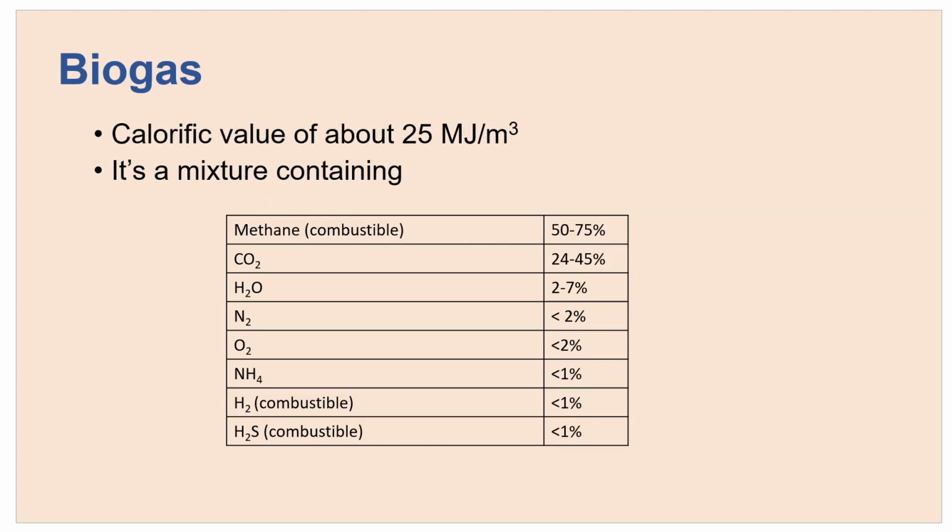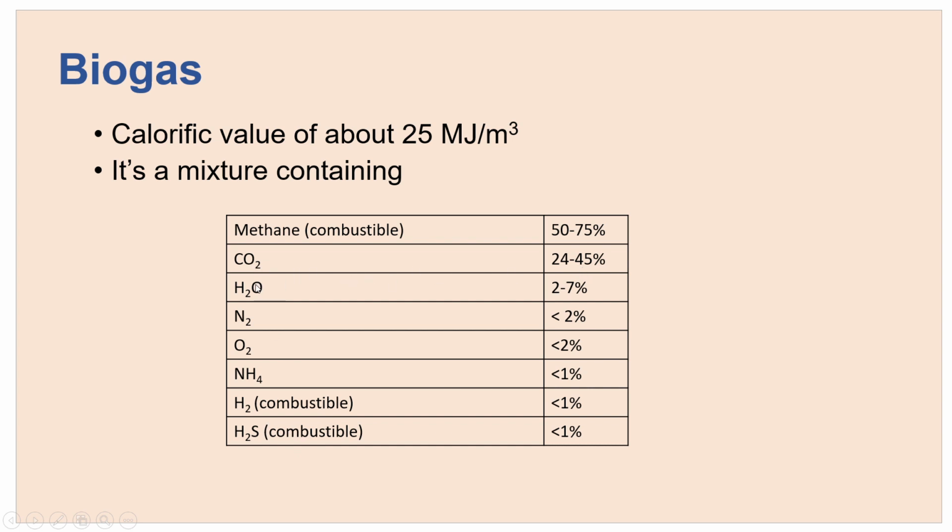So biogas, that is a product of anaerobic digestion, is a combustible gas of a calorific value of about 25 megajoule per meter cube, and it is a mixture which contains methane, the major combustible constituent of the biogas, almost 50 to 75 percent. Next is carbon dioxide, 24 to 45 percent.